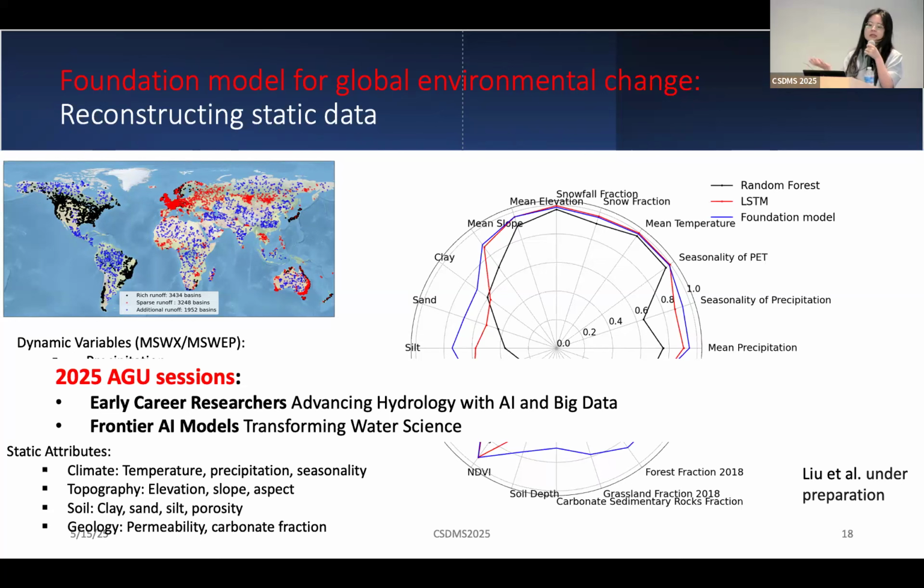Differentiable means we can track the gradient. So in this way, you can train the process-based model the way you train a neural network. And it's parallelized, so you can use big data. It's different from those traditional models, which calibrate the parameters side by side and basin by basin.